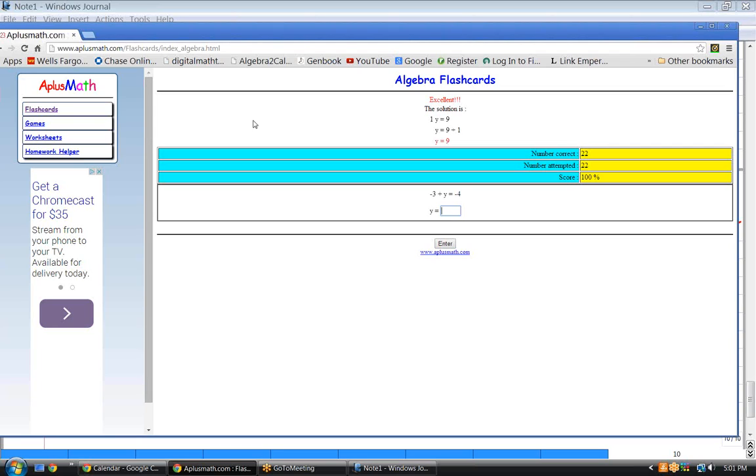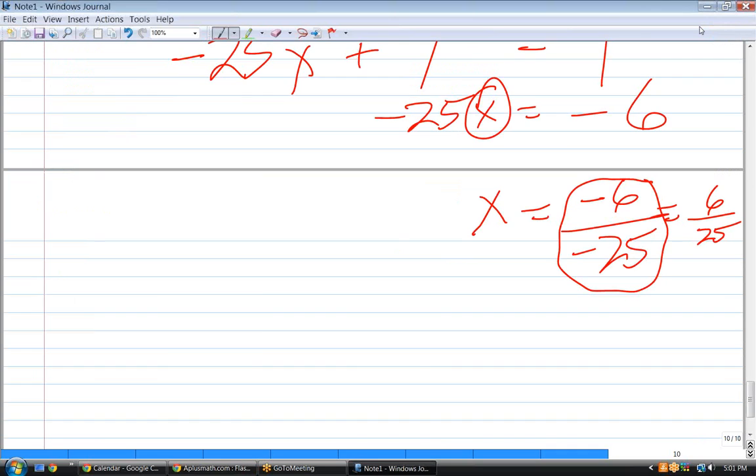Both the algebra and the math flashcards with the positive and negative numbers, you want to be able to always do 10 in a row. If you can't do 10 in a row, your math skills need sharpening, and you should practice. Practice until you can do 10 in a row. When you go in to practice, the moment you can do 10 in a row, you're done. But make sure you can do 10 in a row.